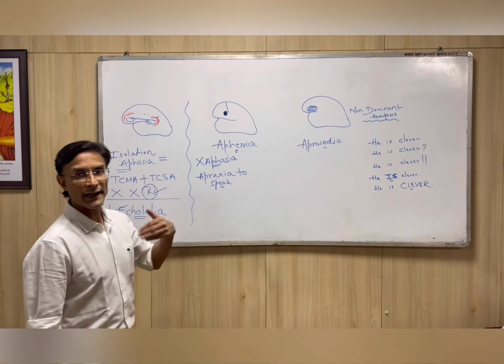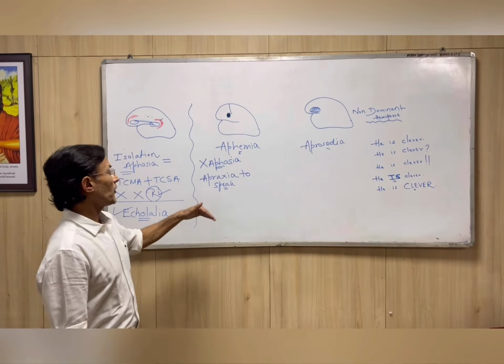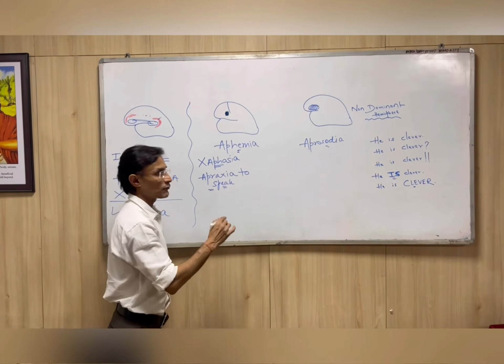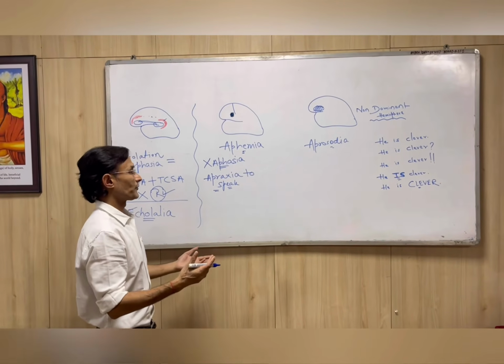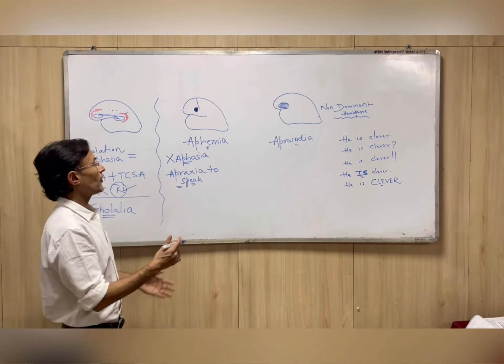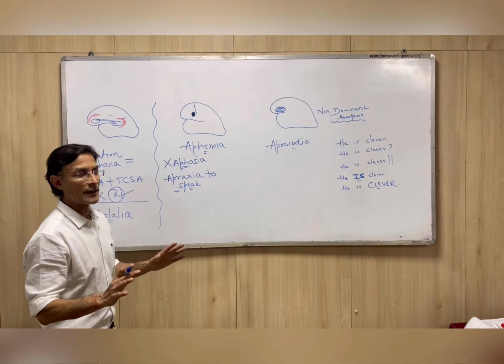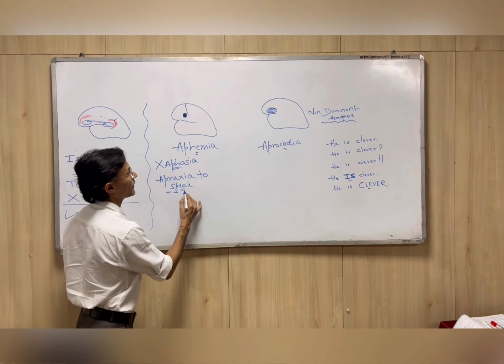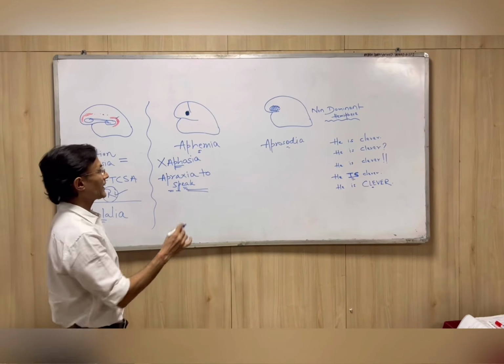The patient forgets to utilize the muscles involved in speech, like the oral muscles, labials, linguals, gutturals. All these muscles are not actually weak, but the patient forgets to use them. So it is a kind of apraxia.